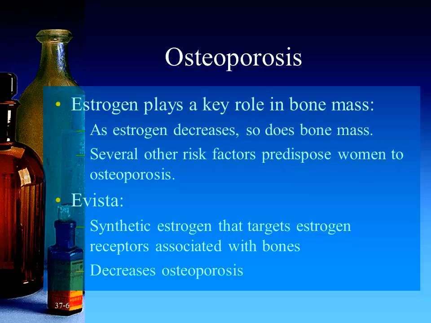One particular medication, Evista, is a synthetic estrogen, and it particularly targets receptors associated with the bones, but tends to leave other body parts unaffected. So Evista has been a fairly good solid estrogen component if we need to give it to someone for the case of osteoporosis.